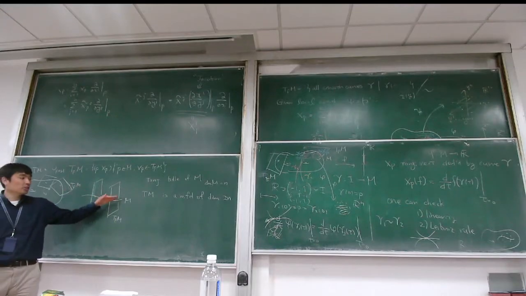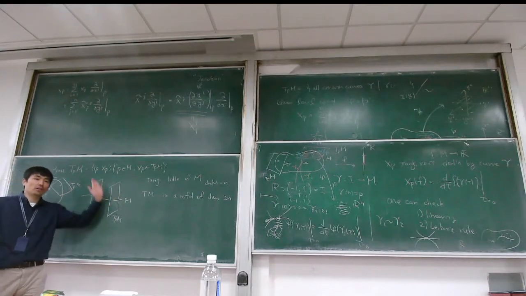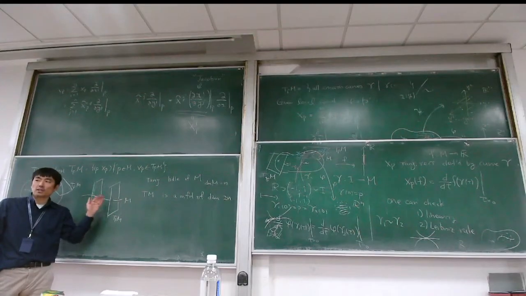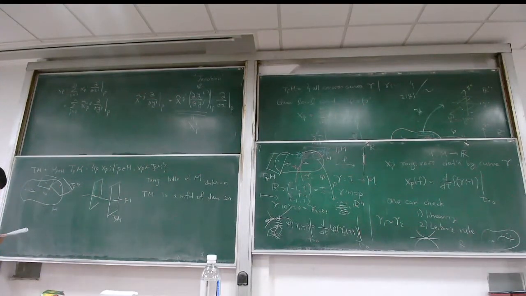In one direction there are n directions, and the tangent vector space has another n dimensions. n plus n is 2n. I have written down how the coordinate transformation works and so on, and should I explain it to you?